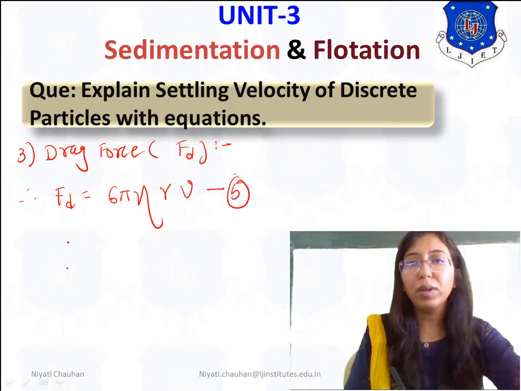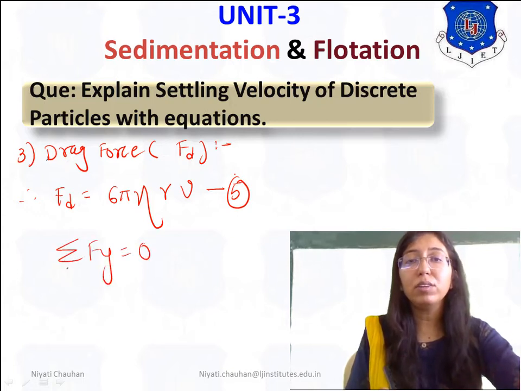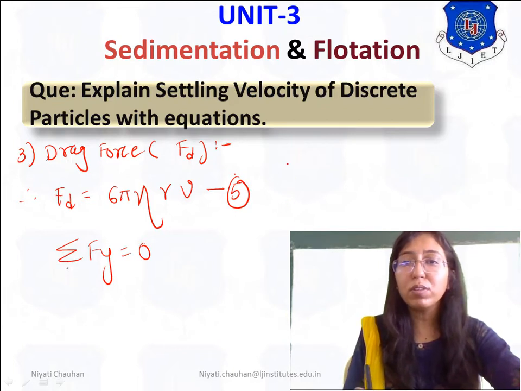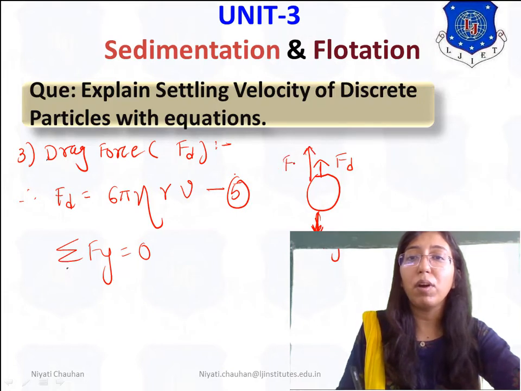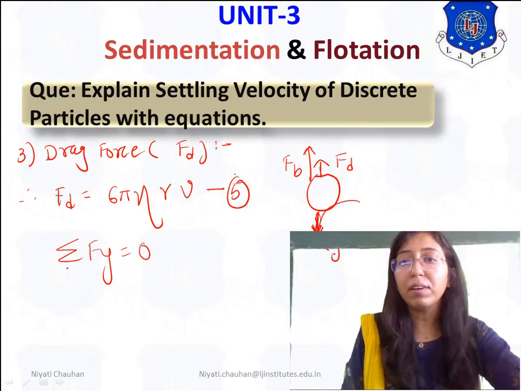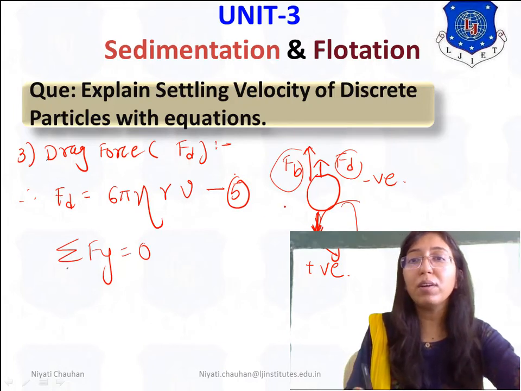Here we are taking the algebraic sum of all forces. The forces on the object are the gravitational force Fg, which is in the downward direction, then the drag force, and then the buoyant force Fb. Downward force is taken as positive and upward force as negative.